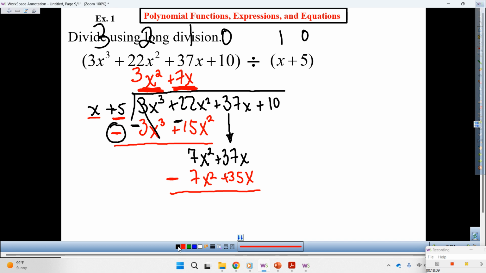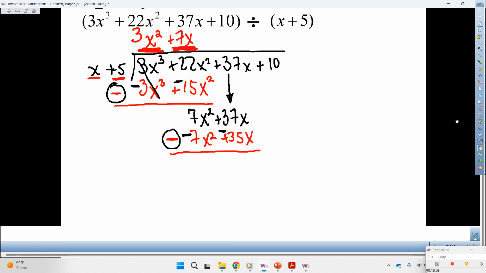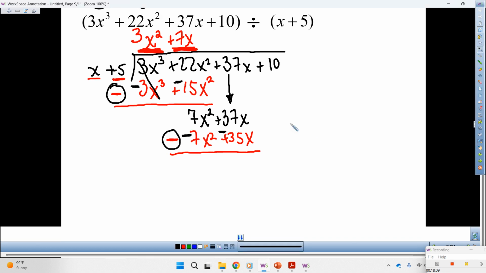We're going to subtract again. Circle the negative. When you circle it, it reminds us to distribute here and here. So, let me move up. What is 7x squared minus 7x squared? They cancel. What is 37x minus 35x? That's 2x. And bring down the last term, plus 10.